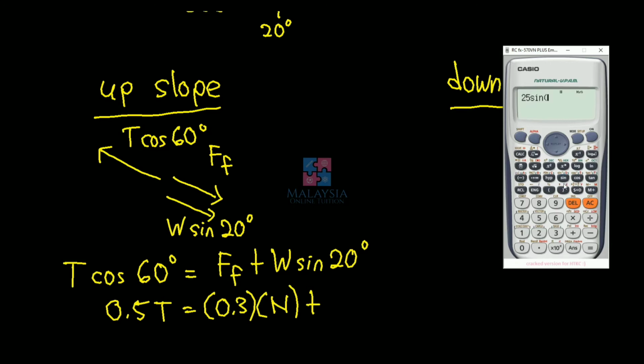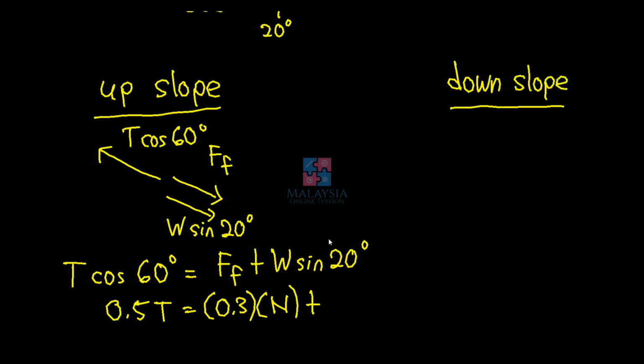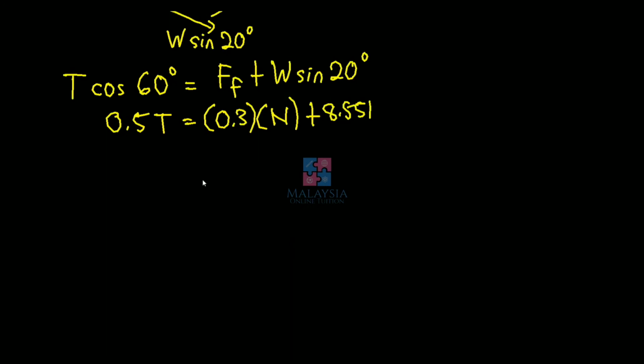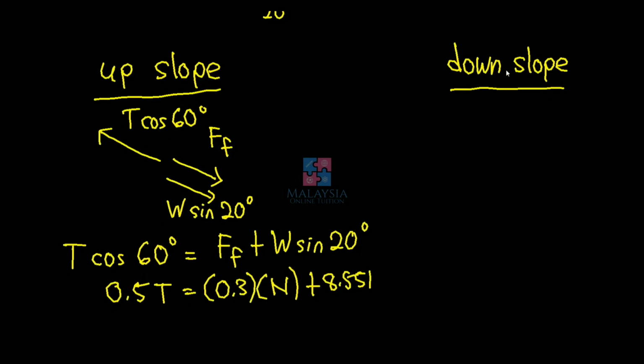So 25 sine 20 degrees. Make sure your calculator is in degrees, so 8.551. So now we can find our normal force first. I think it's better if we do our down the slope later, below in this question.